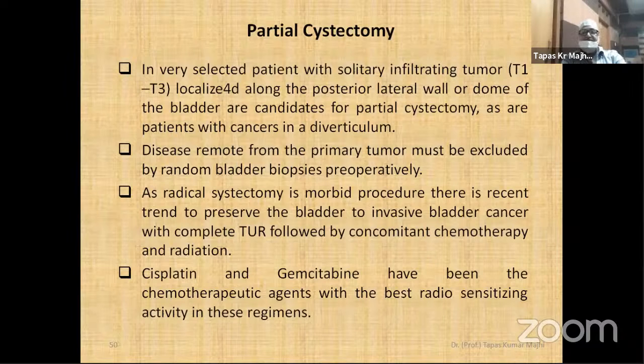As radical cystectomy is a morbid procedure, there is a recent trend to preserve the bladder in invasive carcinoma with complete TURBT followed by concomitant chemotherapy and radiation therapy. Cisplatin and gemcitabine have been the chemotherapeutic agents with best radiosensitizing activity in this regimen.